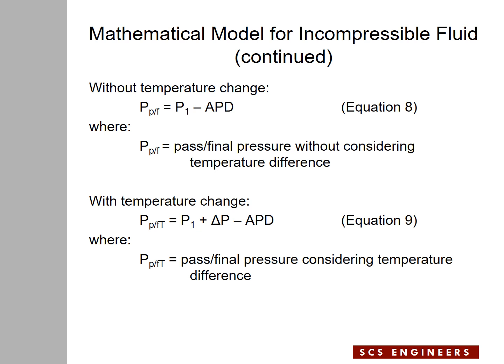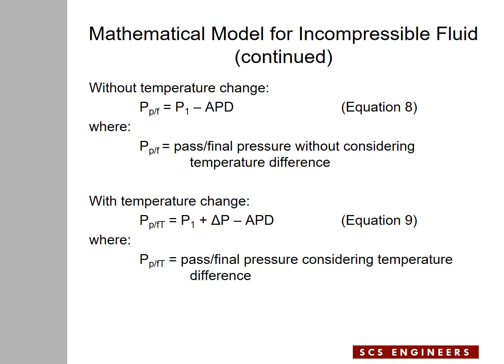Now we arrive at the stage where the impact of temperature can be incorporated in the formulation. First, the pass-fail pressure at the end of the test without considering temperature would be equation 8, which is equal to initial pressure minus APD, allowable pressure drop, which we have been using in the field for many years without really considering temperature effect.